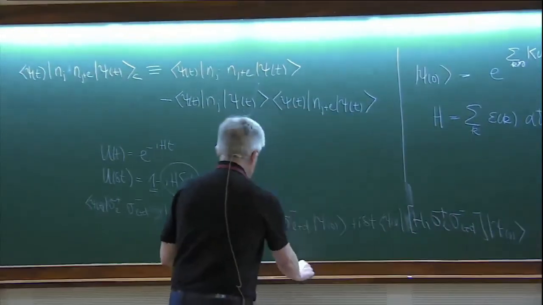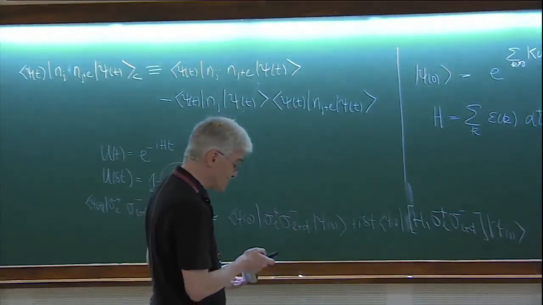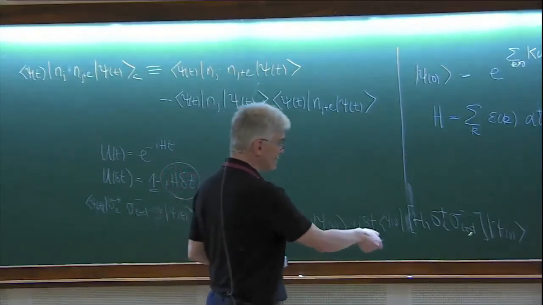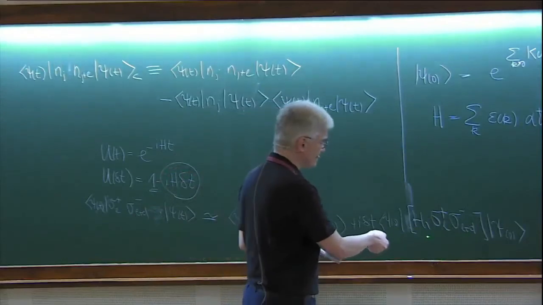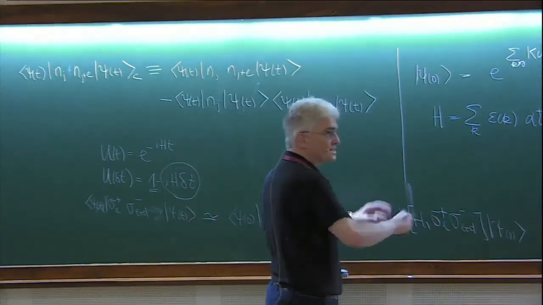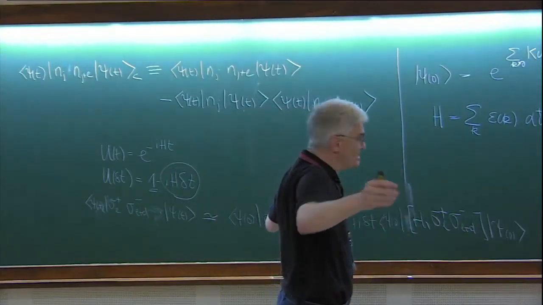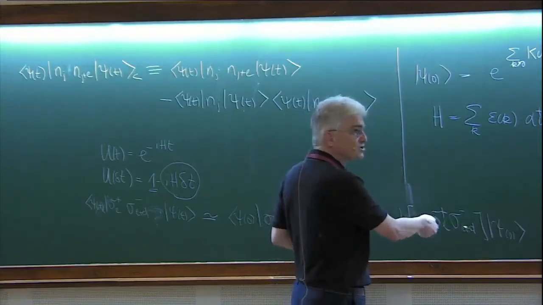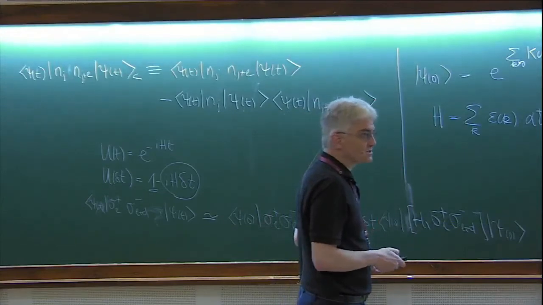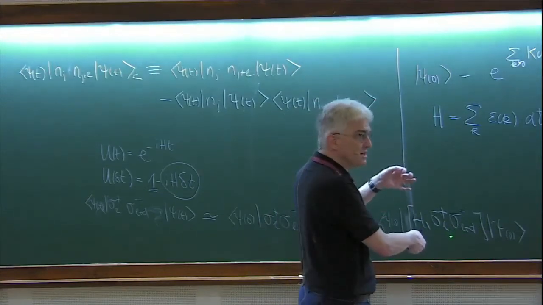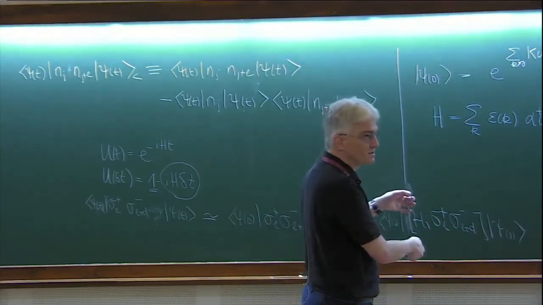Now you see, if I have short range interactions in my Hamiltonian, this commutator would simply be 0, because these two operators are very, very far apart, and there's no term in the Hamiltonian that would connect the two. But if I have long range interactions, this commutator, even at first order, would be non-zero.